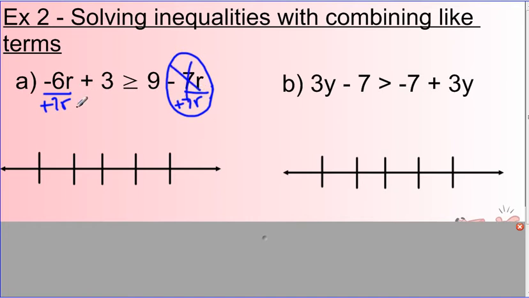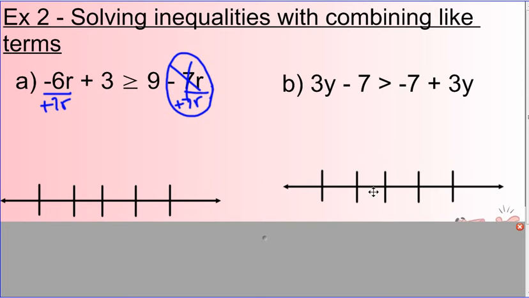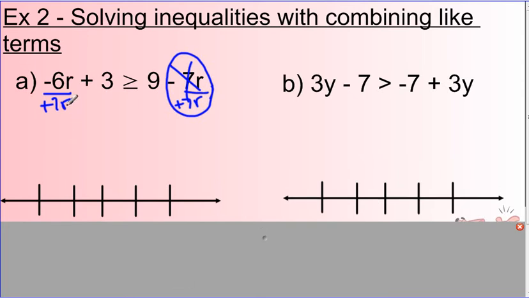These cancel out. I'm going to need more space than I have here. We're going to get, well, this negative 6 plus 7 gives us 1r. 1r plus 3 is greater than or equal to 9. And then we minus 3 on both sides, and r is greater than or equal to 6.